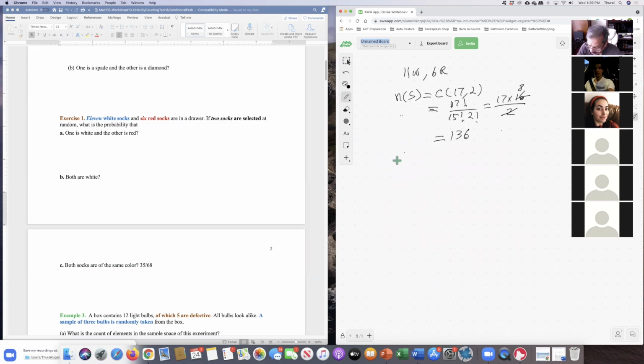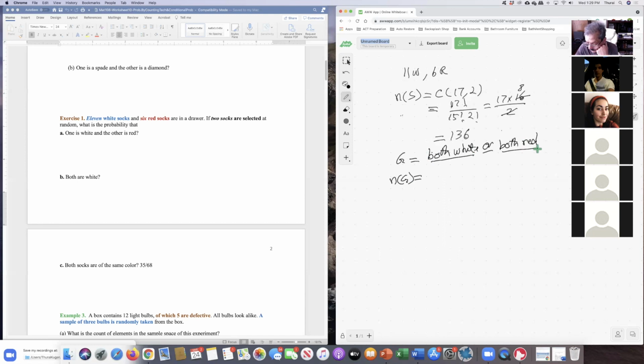The event G, I'll call it, is both white or both red. Isn't that what it means? Both have to be of the same color. So that means it's a union. So count of this G is count of this event, union count of this event.